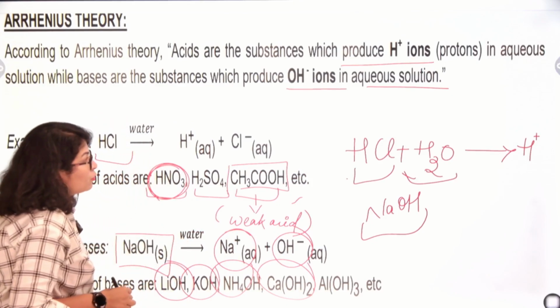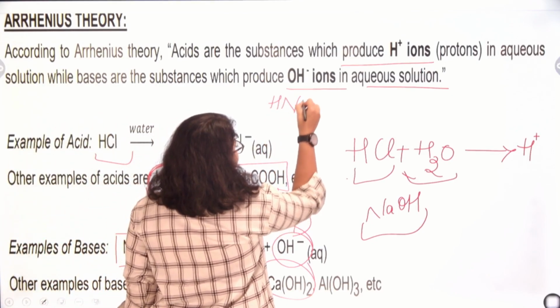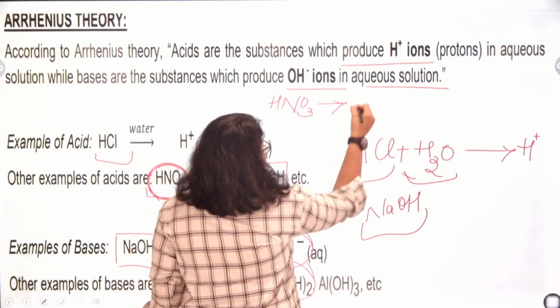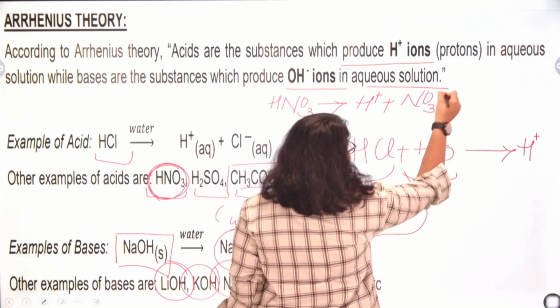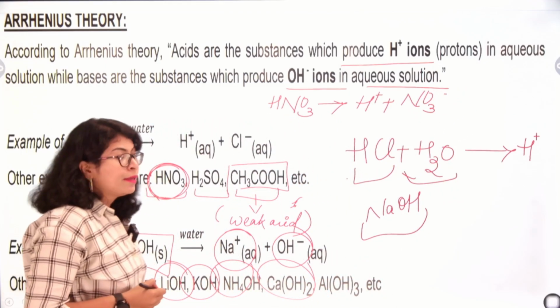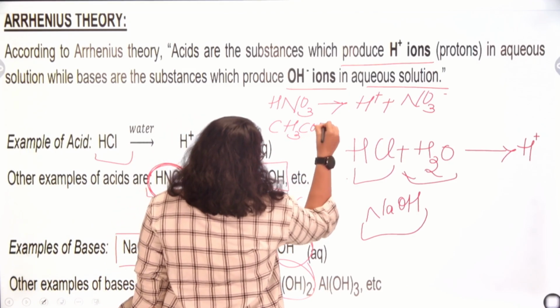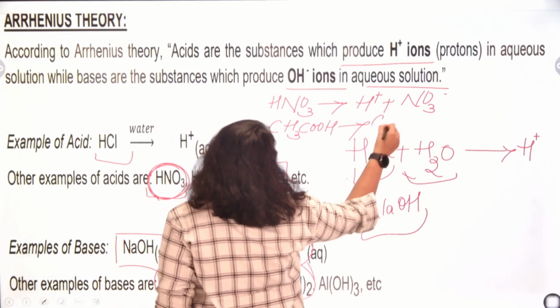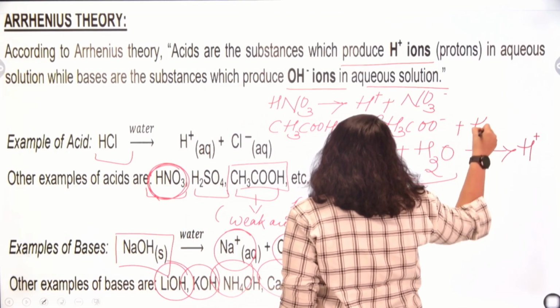If I see HNO3, it dissociates into H+ plus NO3-, right? Now if I say vinegar, it breaks off into CH3COO- plus H+.